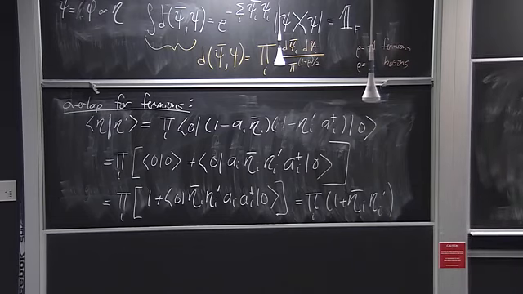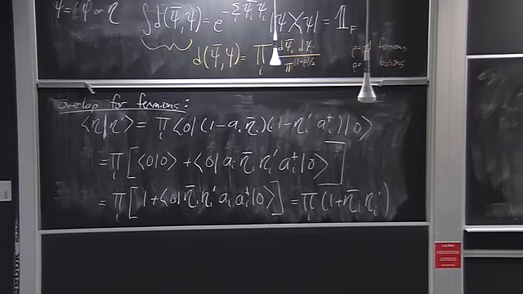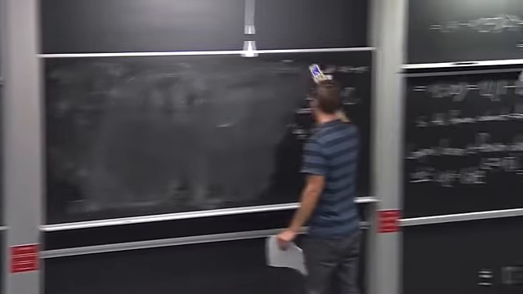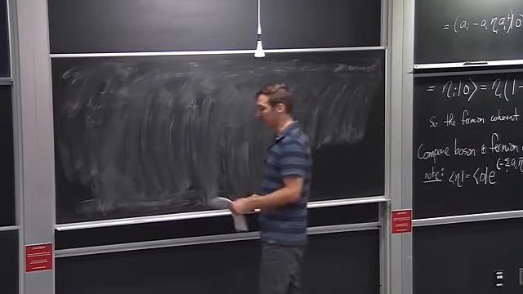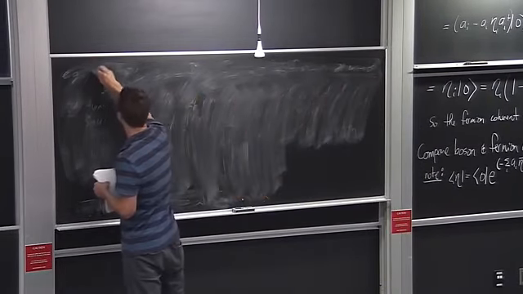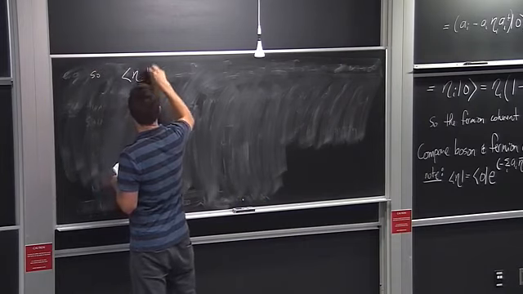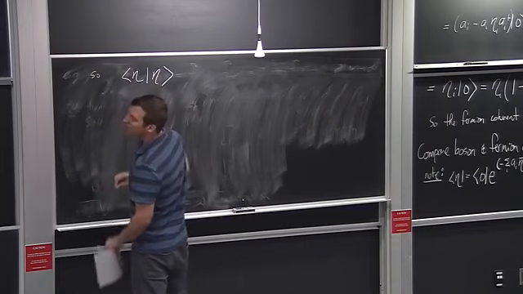I could have done that before the completeness relation, but. And that's it. You can use that. I think that's everything you sort of need to know about relating bosonic and fermionic coherent states. What did I call it?